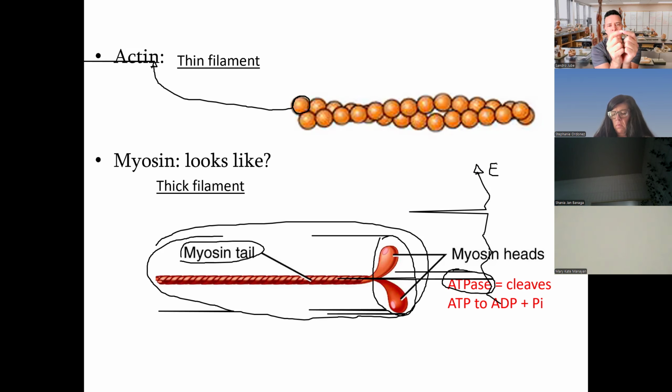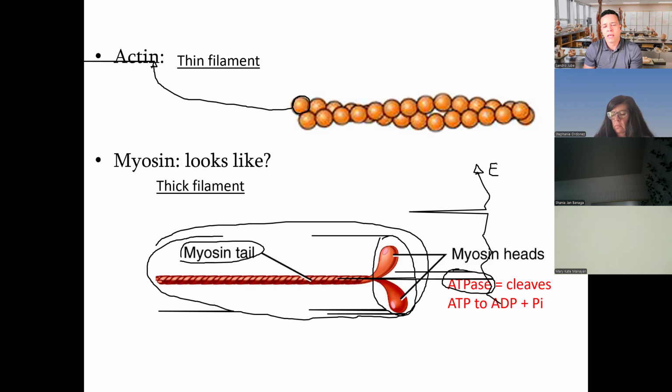The power stroke. And when the myosin heads do the power stroke, what's going to happen? They will grab the thin filament and allow it to slide over the thick filament. So it is the myosin head that grabs the thin filament, allowing for the sliding to happen, allowing for muscle contraction to exist.